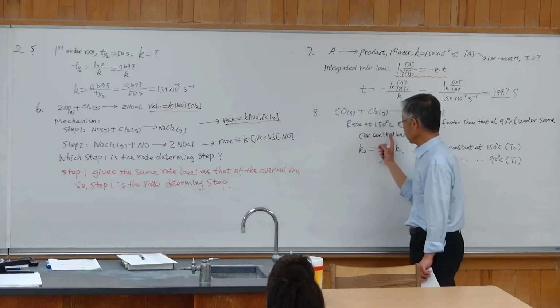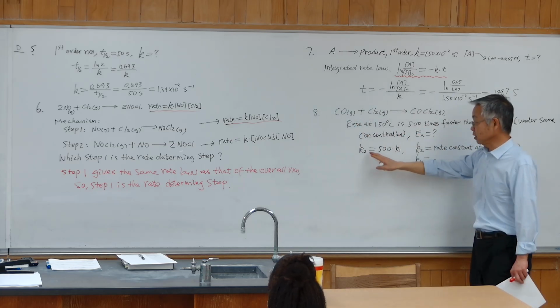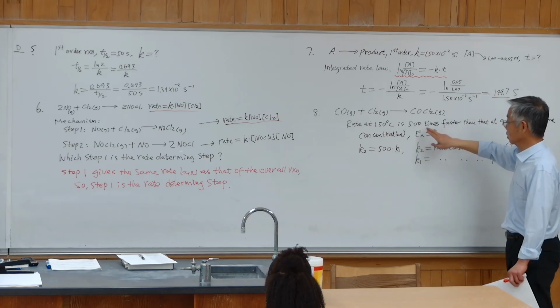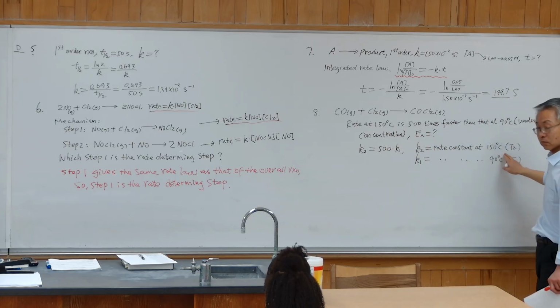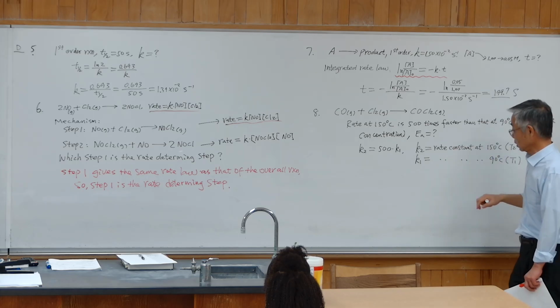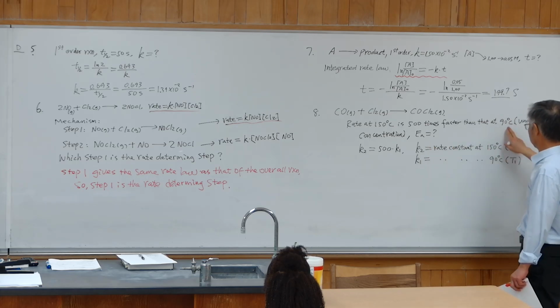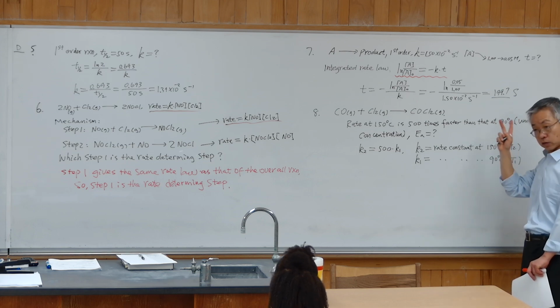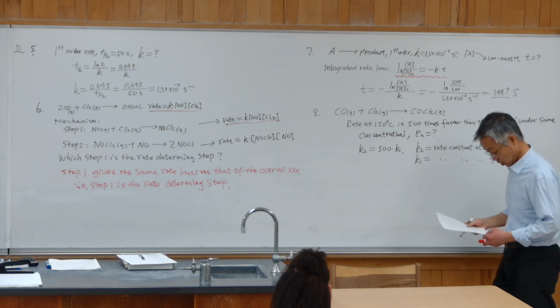So this statement tells you K2 equals 500 times K1, where K2 is at 150 degrees Celsius. It's T2. K2 is linked with T2. Then K1 will be at 90 degrees Celsius, so 90 degrees will be T1. Of course, you need to convert it to Kelvin. You cannot use Celsius directly.